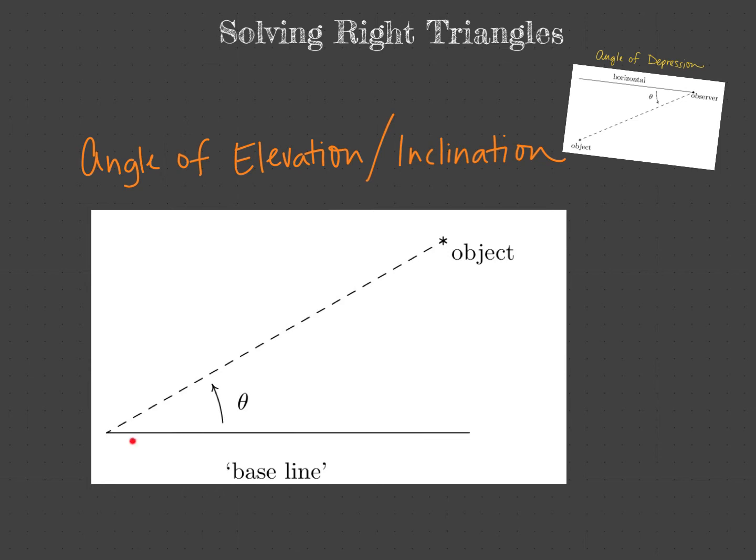So we have some baseline here. More often than not, the baseline is just the ground level. Sometimes it is somebody's eyesight, so their head might be here, and their baseline might be eye level. It's usually one of those two things, and something or someone is looking up, and the angle going up towards that object is called the angle of elevation or inclination.